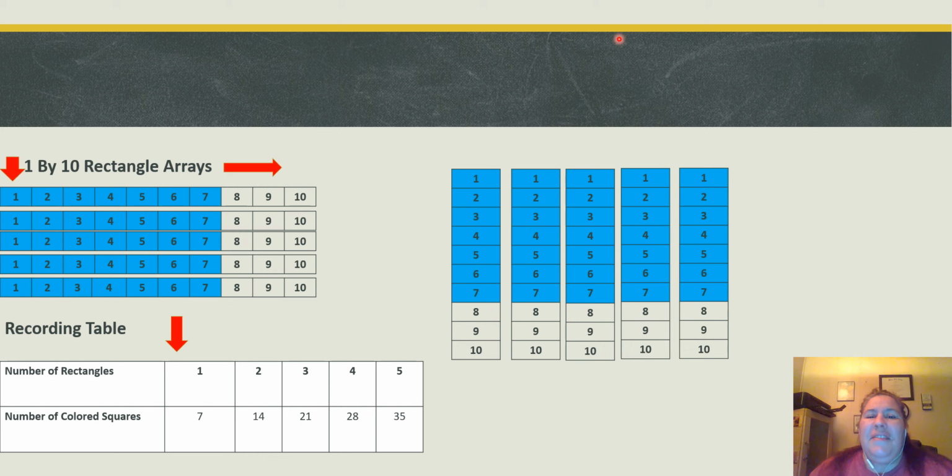In this case, the ratio exists between the number of shaded squares and the number of squares in all. For example, 7 shaded squares to 10 total squares is a ratio. This is your ratio right here.